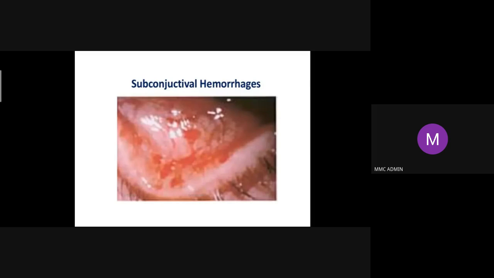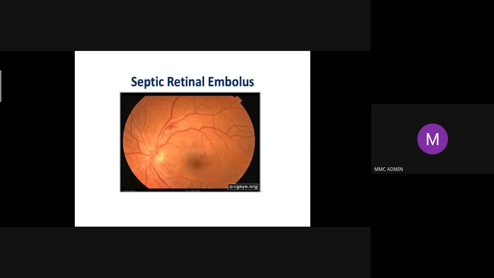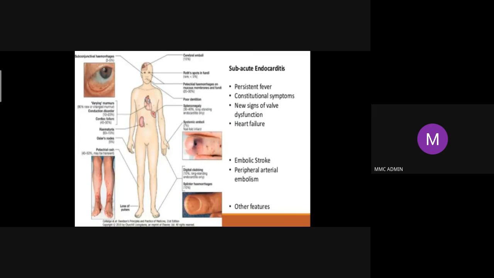Then subconjunctival hemorrhages also occur in infective endocarditis. If the vegetation got embolized and deposited in the retinal arteries, we will get a septic retinal embolus. Next, these are the symptoms.